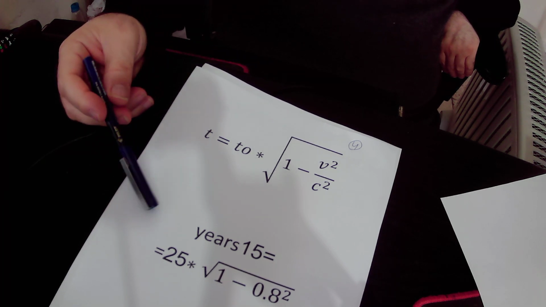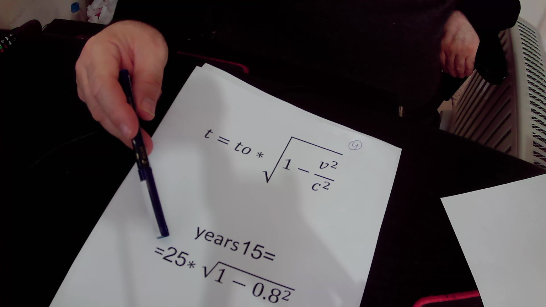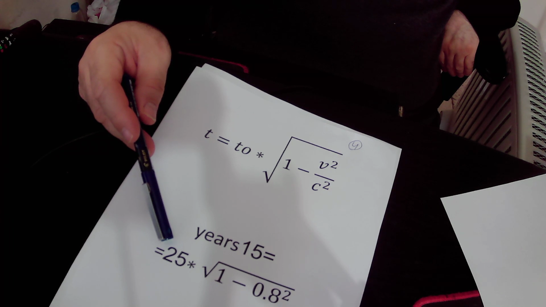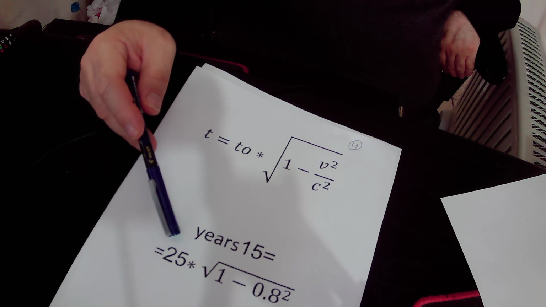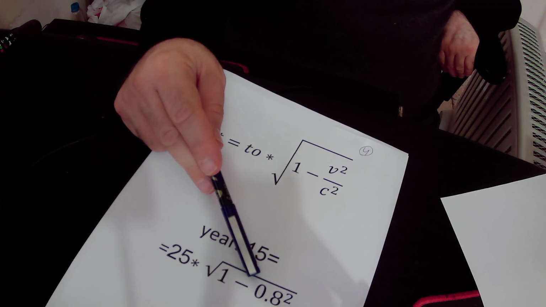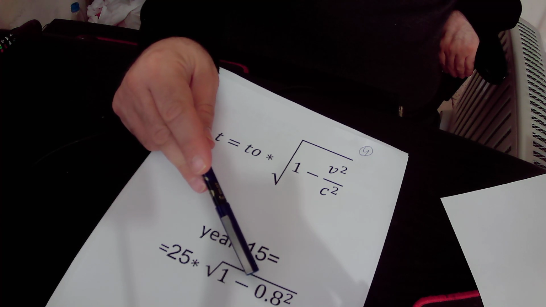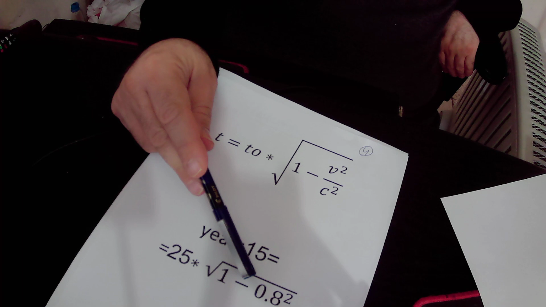Okay, so in our example, the total time that is passed on Earth during all the journey of the twin brother from Earth to the star Epsilon and back from the star Epsilon to Earth is 25 years. And we multiply it by the root of 1 minus the velocity of the spaceship, that is 240,000 kilometers per second, divided by the speed of light.